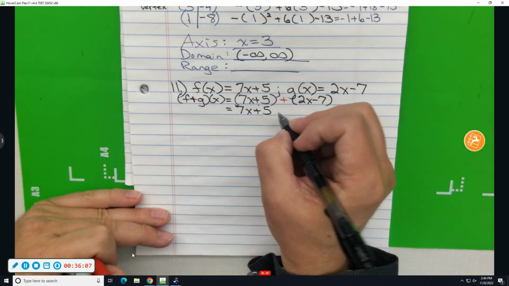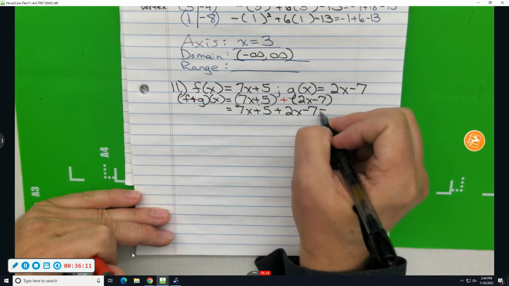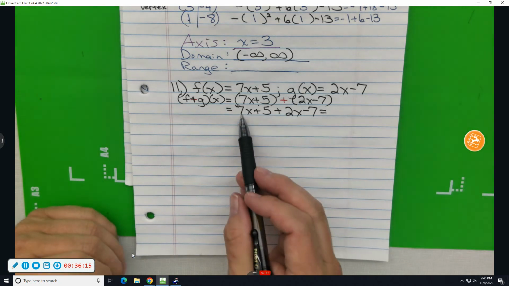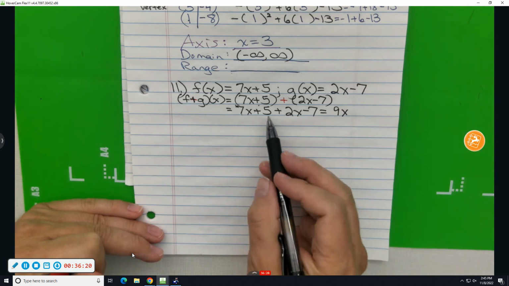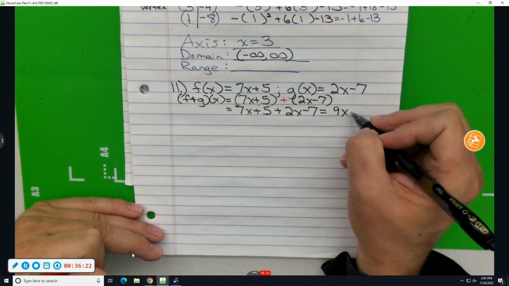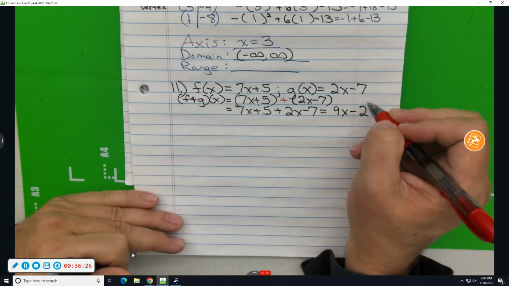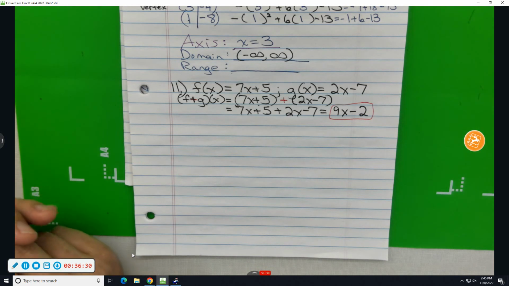It's an unnecessary set, so we just have plus 2x minus 7. And that gives us a final answer. 7x plus 2x, that's a 9x. 5 minus 7 is a minus 2, for 9x minus 2 for f plus g.